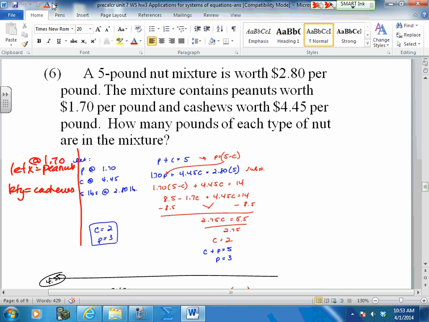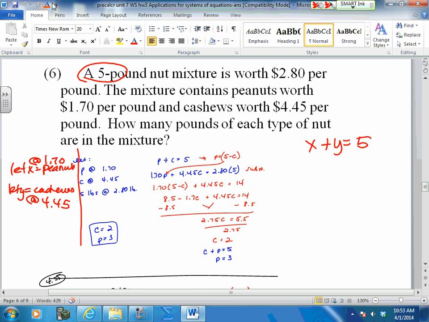How much a pound are the cashews? And we know cashews are worth a lot more, right? $4.45 a pound. Now, together, how many pounds of nuts do I have? 5. So therefore, x plus y equals 5. That's my first statement.